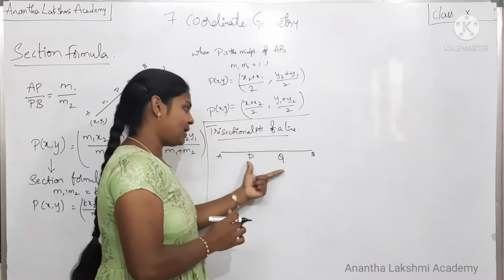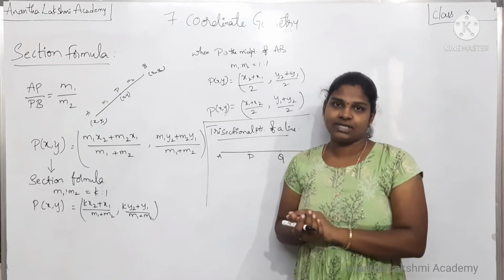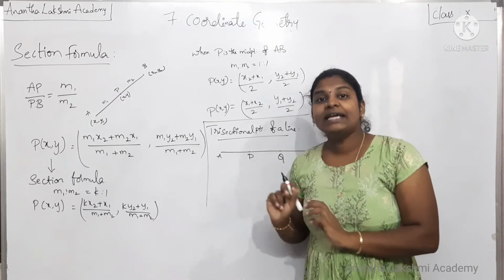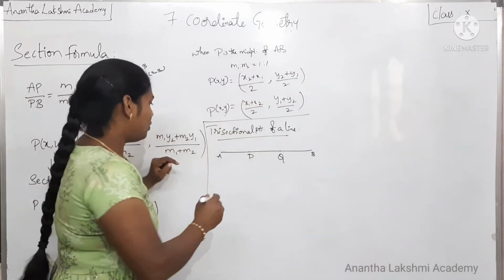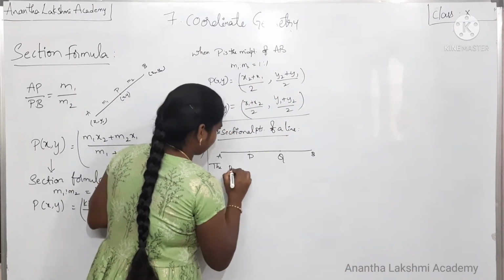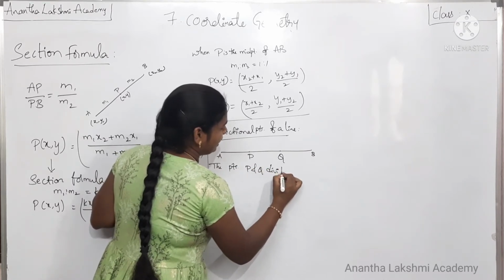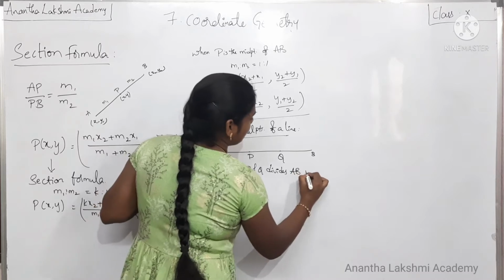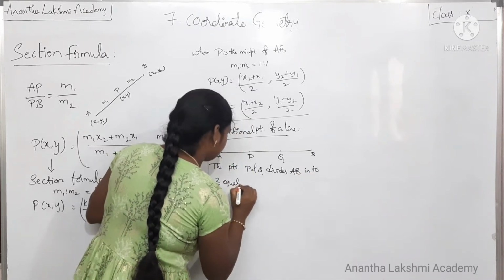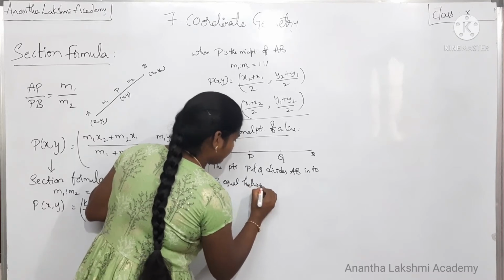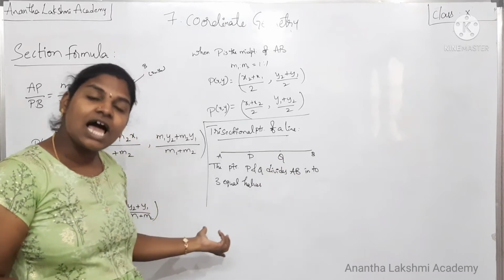The points P and Q divide AB into 3 equal halves.